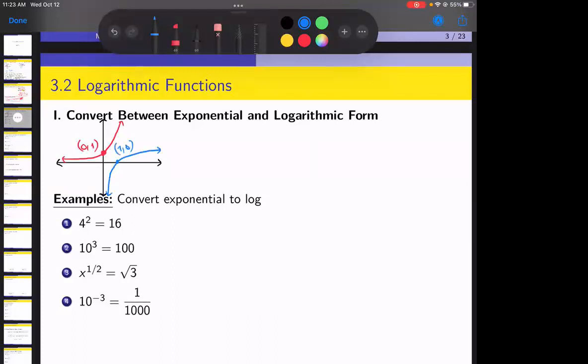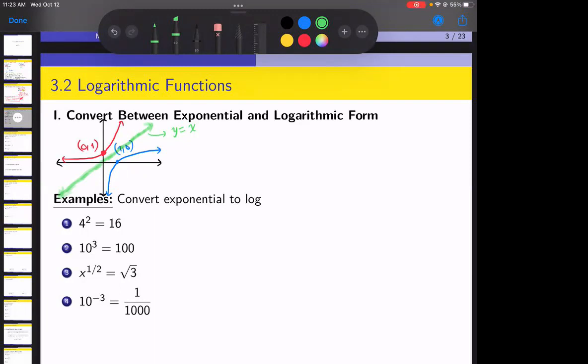And it's symmetric about the line y equals x. And again, of course, if you have, say, 1, 2 here, it'll be 2, 1, right? So everything swaps.